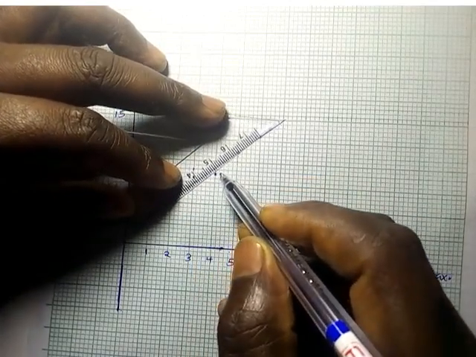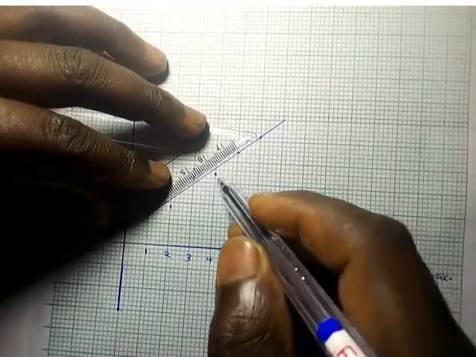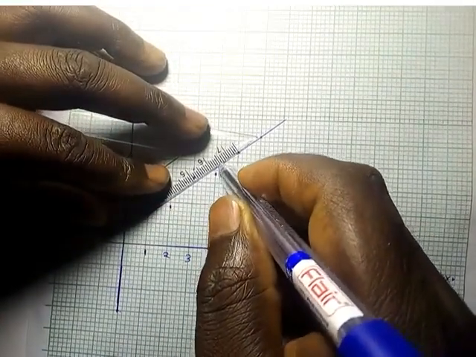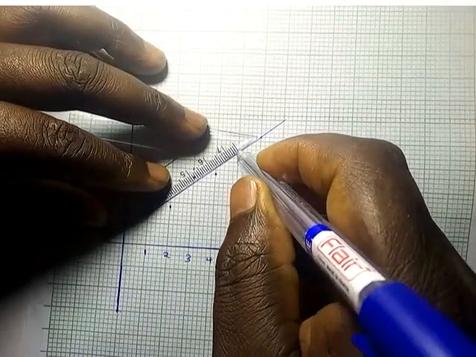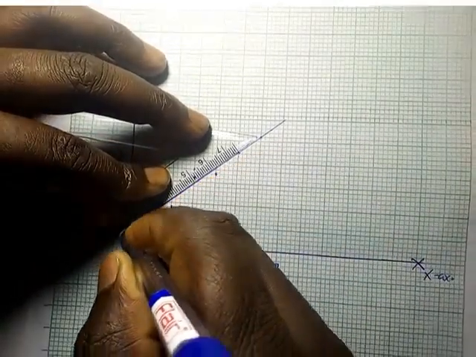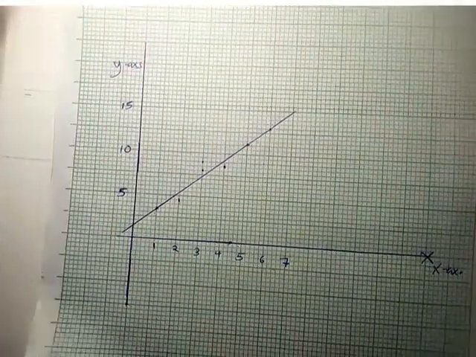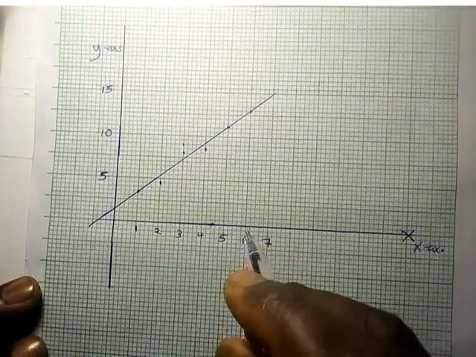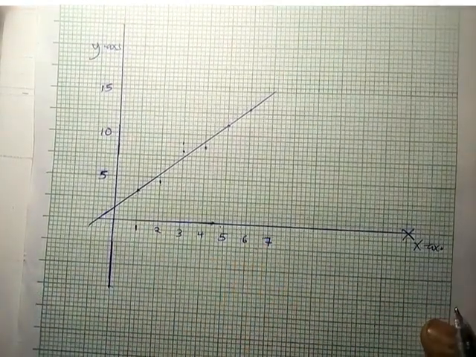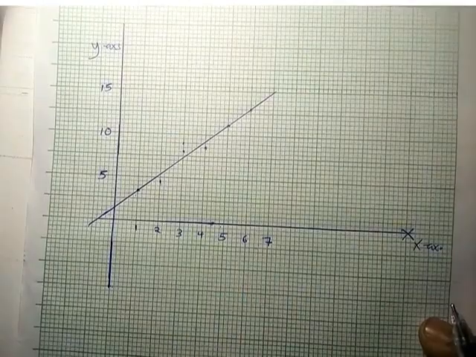Hii ingechukua 2. So let us extend this line. So that is the line of best fit. Unachukua ile inachukua points mingi.